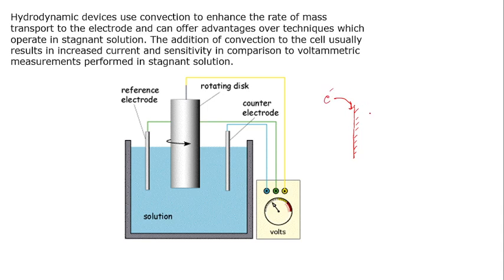It is coated with some mediator, M_O, the oxidized mediator. It will gain electrons from the surface of the electrode, where it is coated, and be reduced to M_R, the reduced mediator.